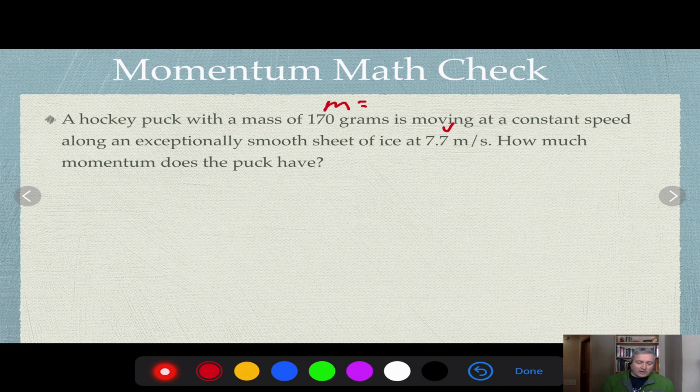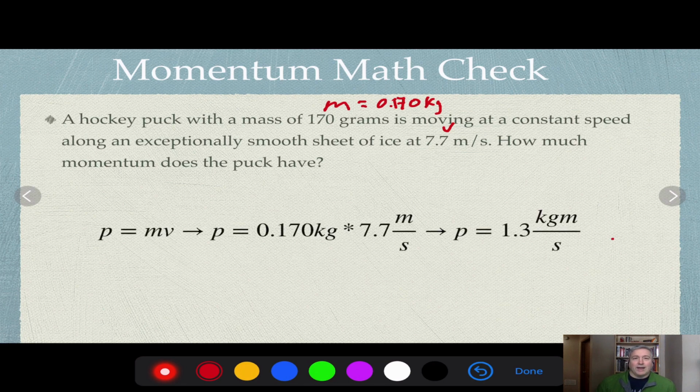We have to change our mass to kilograms, 0.170 kilograms, because that's our base unit. But to solve this, we can then find the momentum by multiplying mass and velocity. So 0.170 kilograms times 7.7 meters per second, and we get 1.3 kilogram meters per second is our momentum of the hockey puck.